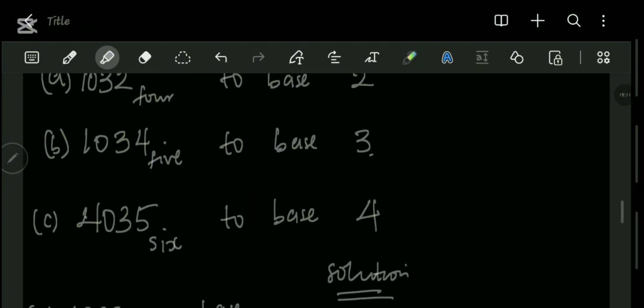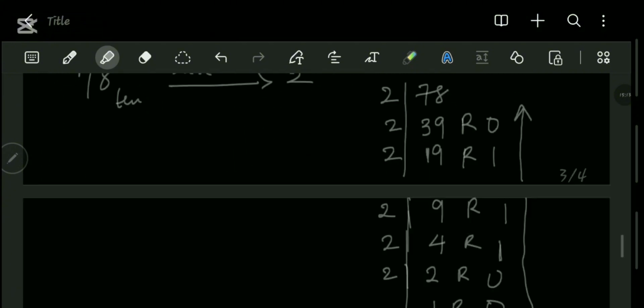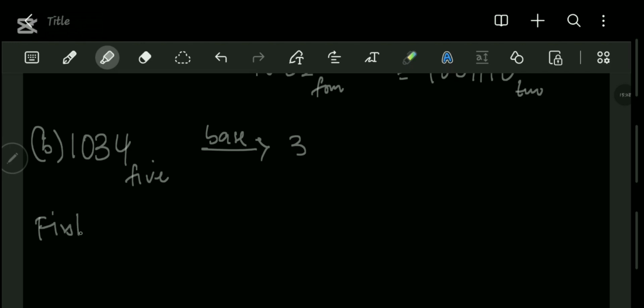So we have 1034 in base 5. I'm asked to convert this to a number in base 3. But first, I'm going to have to convert this one to base 10, right?